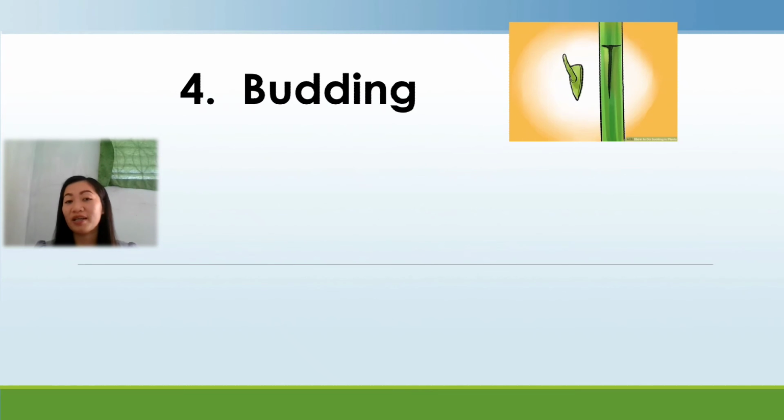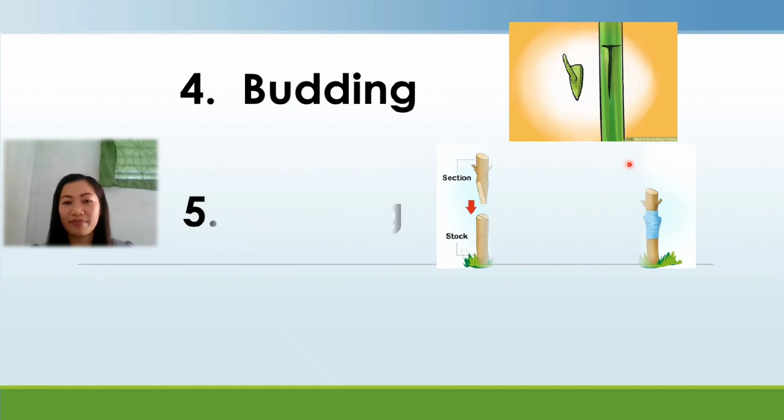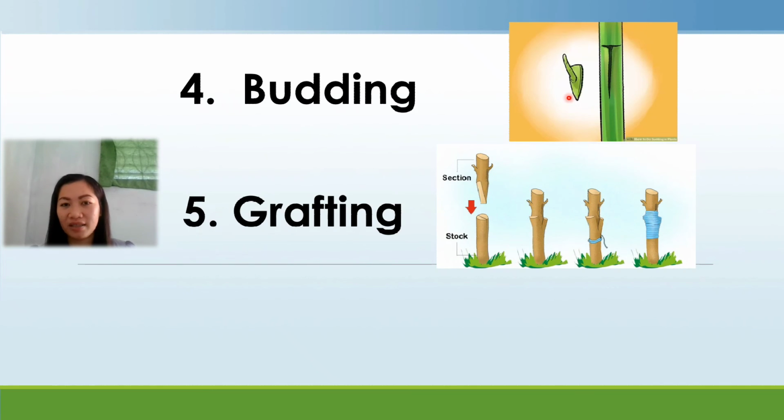The fourth one is budding. Budding is when we get one bud from another plant and attach it to the other plant. Then we also have grafting: we attach the twig of another plant to the rootstock of another plant.